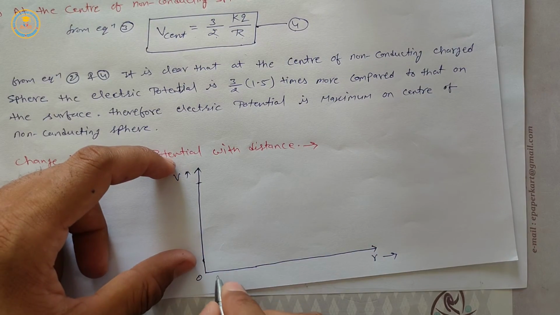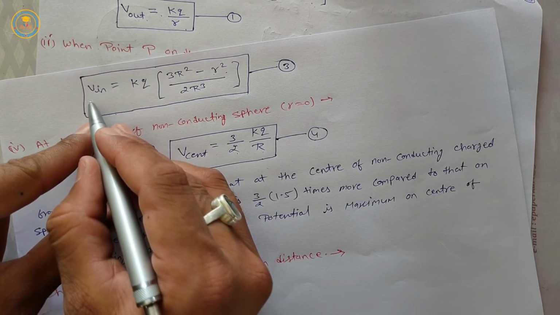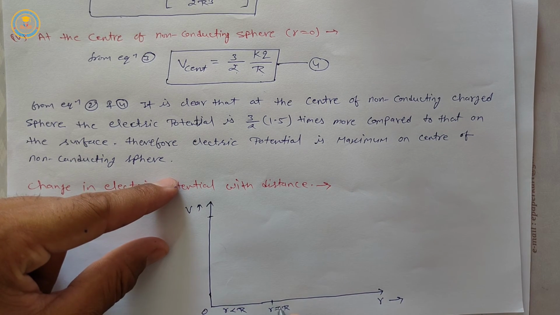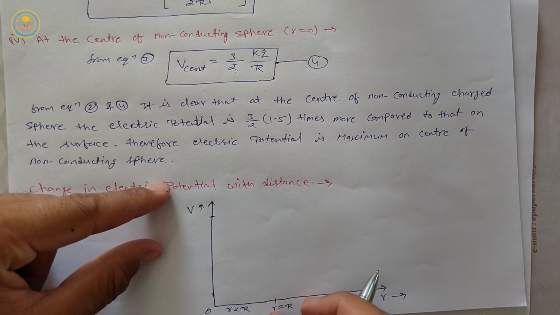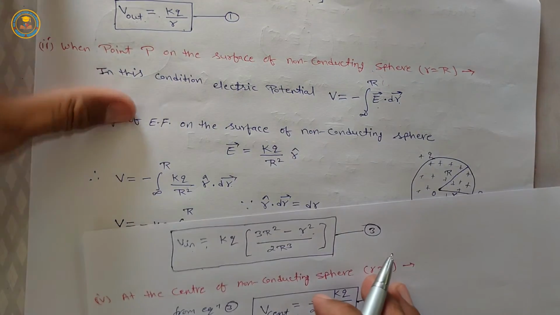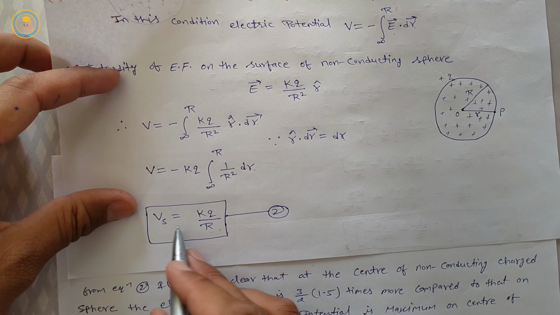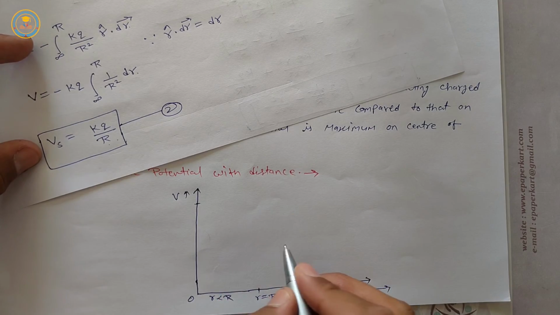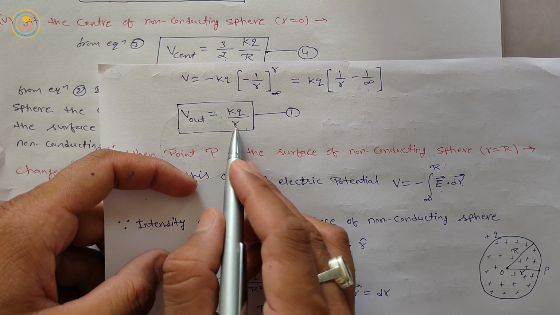And for the inner part, r less than capital R, if we increase r, then the electric potential will decrease, and at the surface point of the non-conducting sphere, the electric potential is a constant quantity which is V_s equal to kq upon R, and for outer points the electric potential is inversely proportional to r.